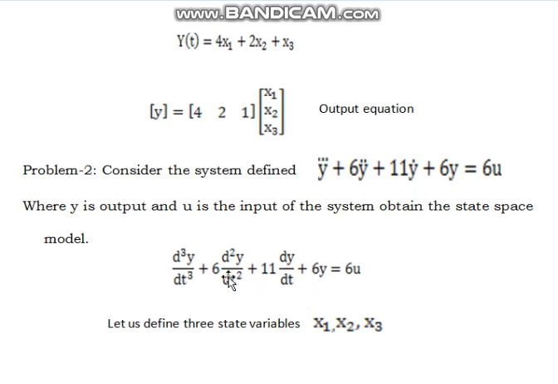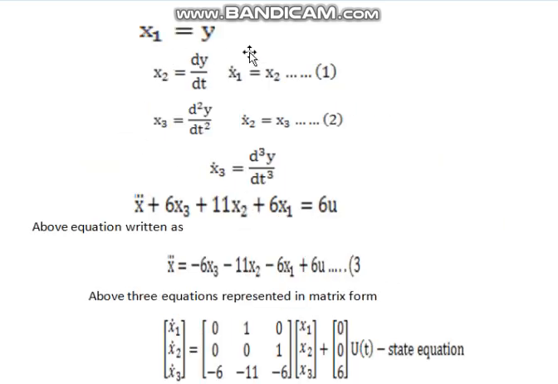This is also a third order equation. I will choose three state variables x1, x2 and x3. x1 equals y, x2 equals dy by dt, so x1 bar equals x2. x3 equals d square y by dt square, so x2 bar equals x3, and x3 bar equals d cube y by dt cube.